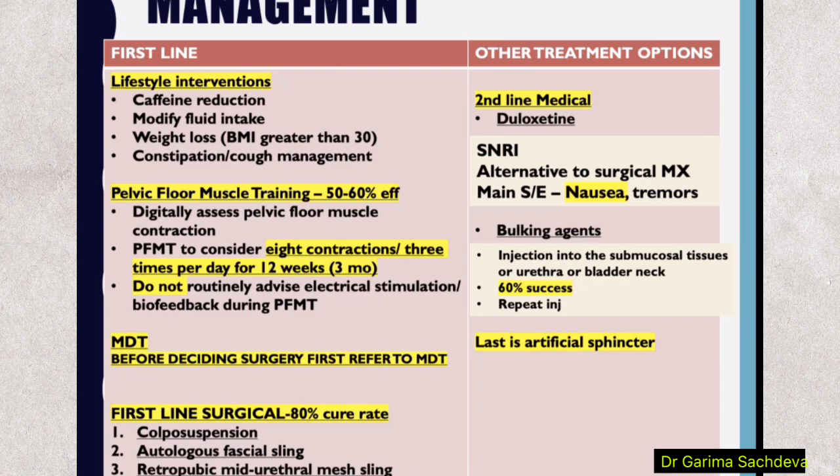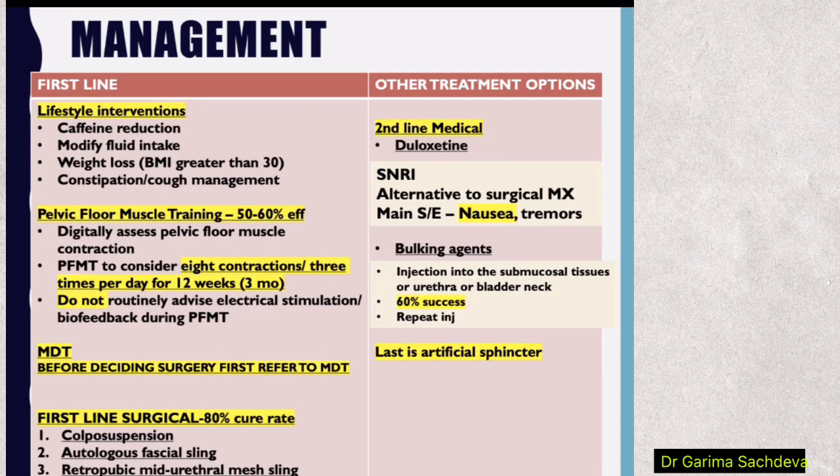So you assess the pelvic floor muscle, and ask them to do pelvic floor muscle exercises. They have to do 8 contractions 3 times a day for 12 weeks. This you have to remember. For 3 months, 8 contractions 3 times a day, with Kegel's exercise. And do not routinely advise electrical stimulation or biofeedback during pelvic floor muscle training.